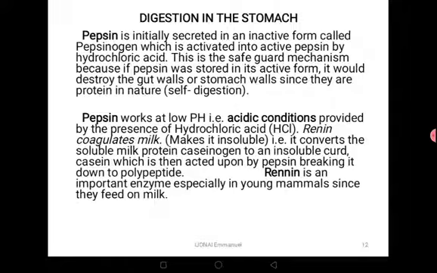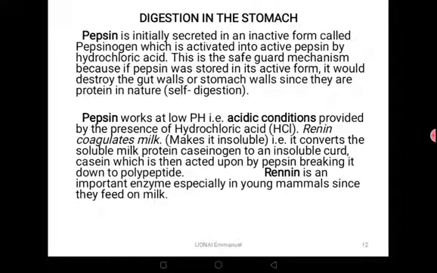Therefore, the body would be carrying out what we call autodigestion or self-digestion. So that is prevented. How? Because pepsin is secreted in an inactive form called pepsinogen, which is only activated when the protein food is present in the stomach.